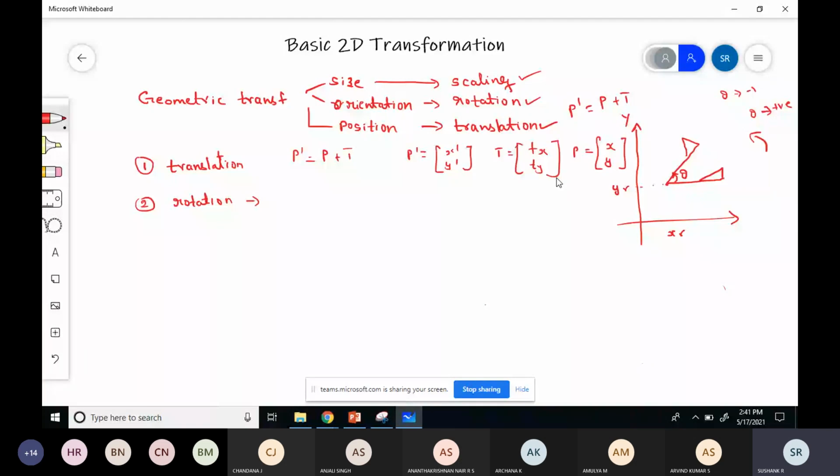If theta is negative, it will be rotated in clockwise direction. So positive theta indicates anti-clockwise direction, and negative theta indicates clockwise direction.